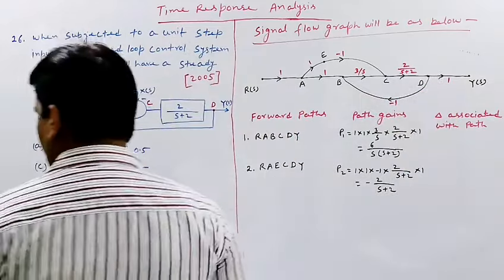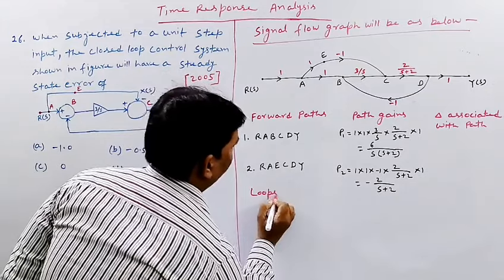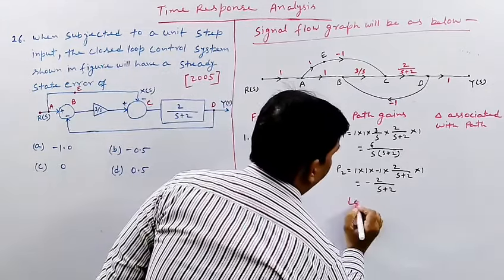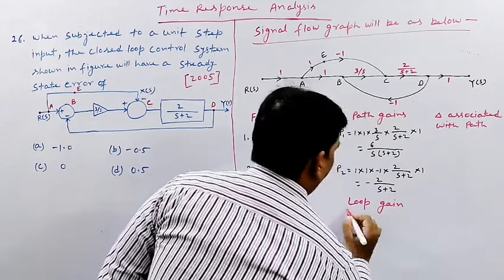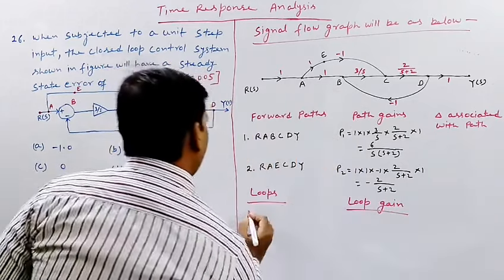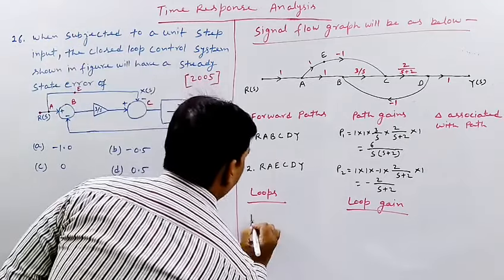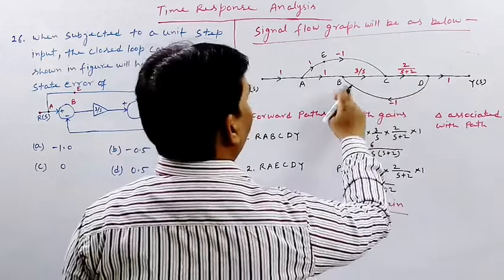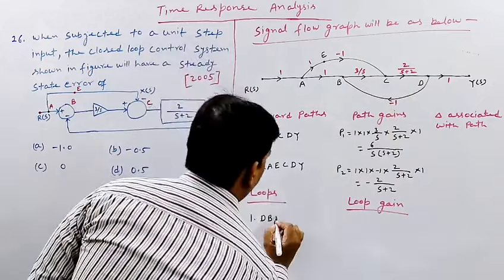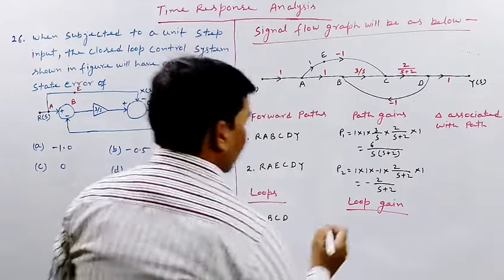So let us write here loops, and here loop gain. So what are the loops? There is only one loop, and that loop is D, B, C, D. Let us denote this loop gain by L1.